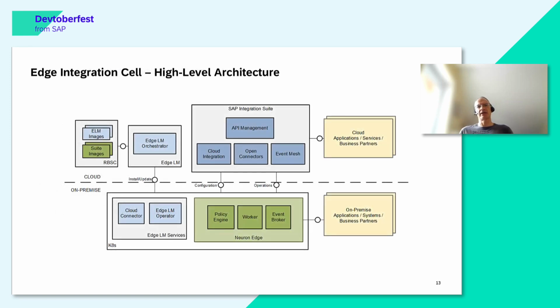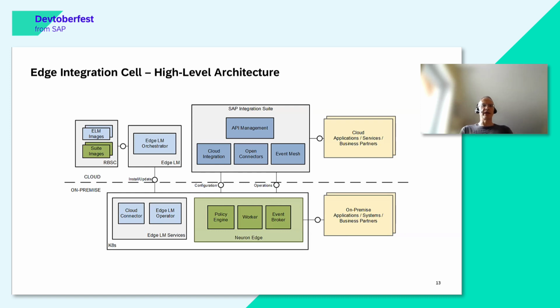Good. Let's look at high-level building blocks of the offering. We touched upon certain parts you already have seen, like in the upper part, the integration suite, API management, cloud integration, event mesh, and things like that. So these are the main integration suite parts.